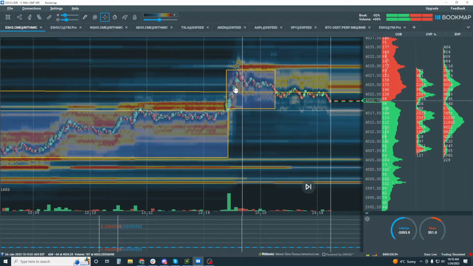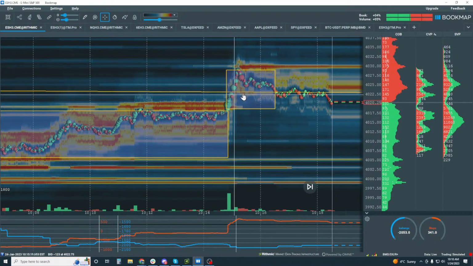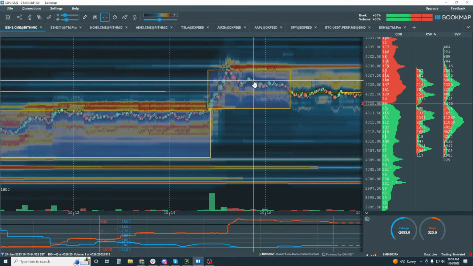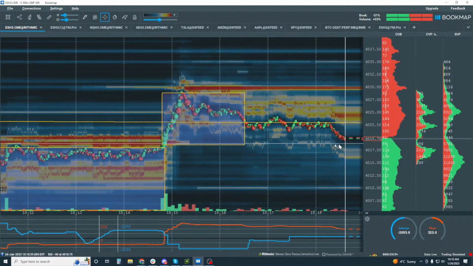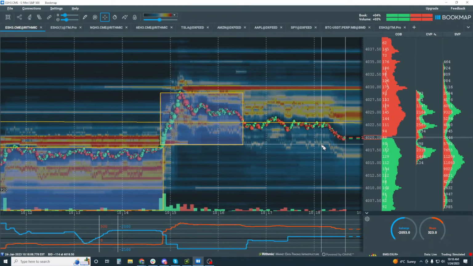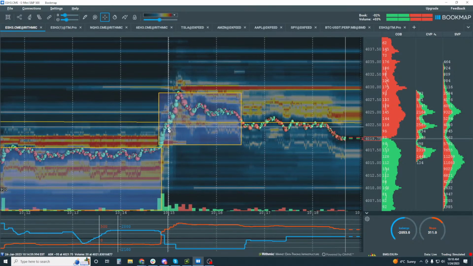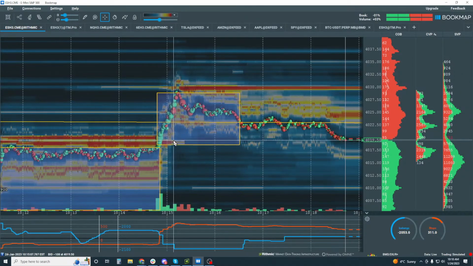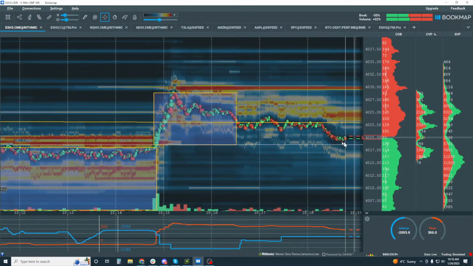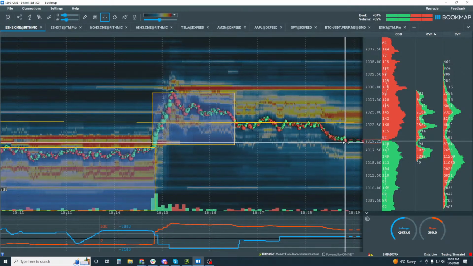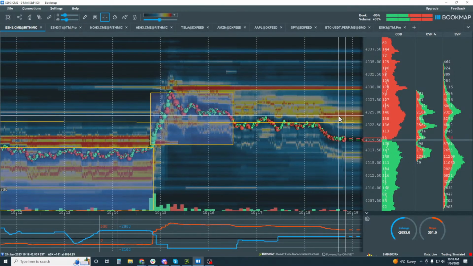Right, so we know it's a stop run. We know that many of them are stops in here. Now price is coming right back down to what we thought, because it's a stop run. We want to see, though, are buyers going to accept it here above this area? Do we get more buyers coming in now? Let's just take a look.